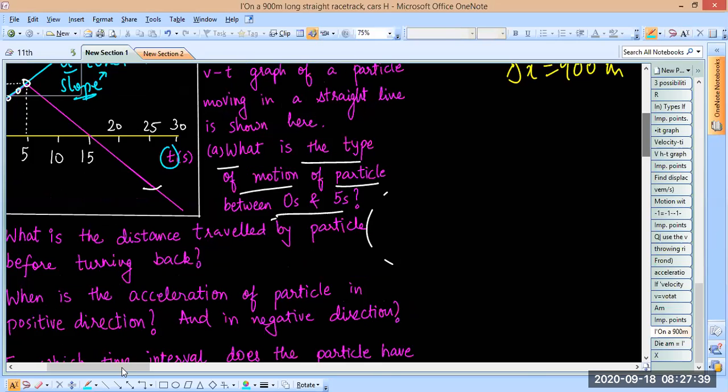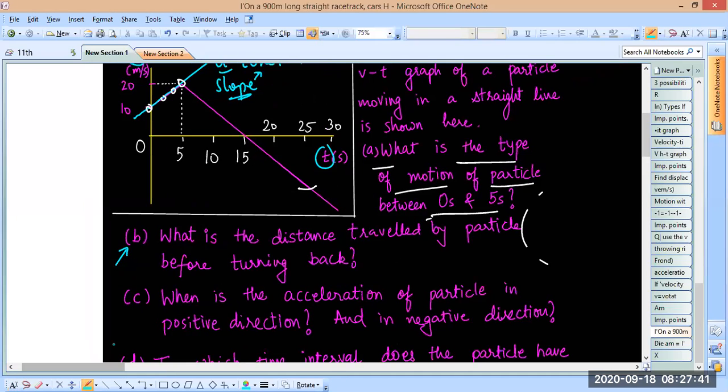Now, the question here is, what is the distance before turning back? Turning back means moves in opposite direction. So first question is, when does it turn back? Come on, when does the particle turn back? Can you answer that? When does the particle turn back?